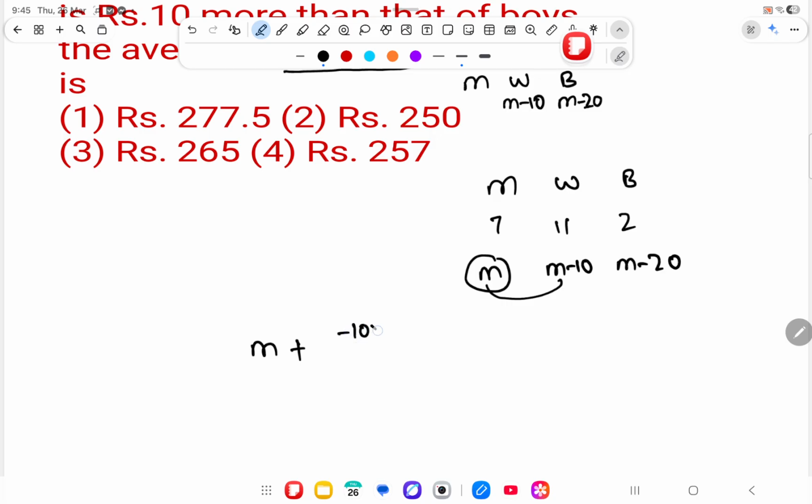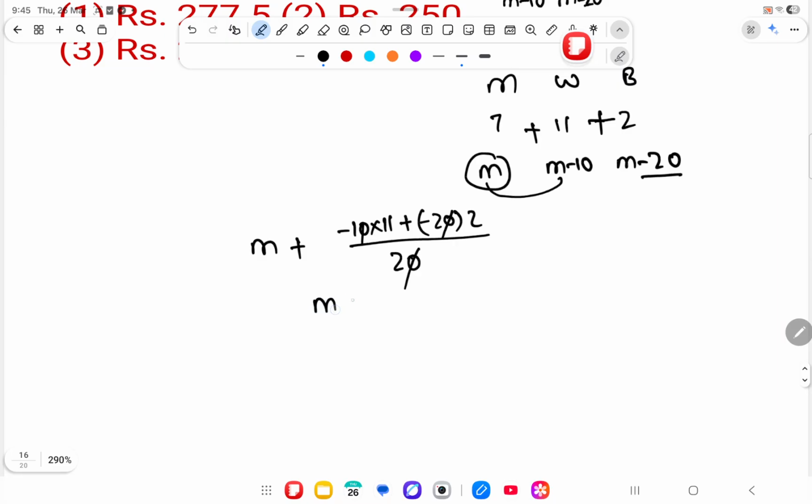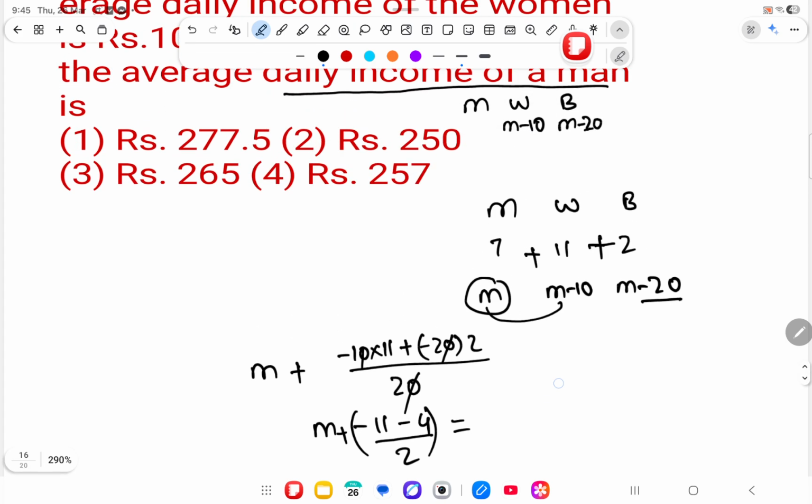So minus 10 into 11, plus it is 20 less than, minus 20 into 2, whole divided by 7 plus 11 plus 2. That is 18 plus 2, 20. The zeros get cancelled. Then M minus (11 plus 4) whole divided by 2 is equal to what? Is equal to, what is the average given?